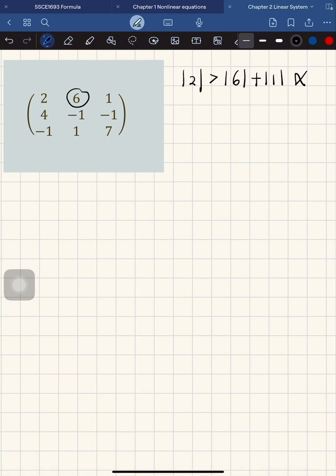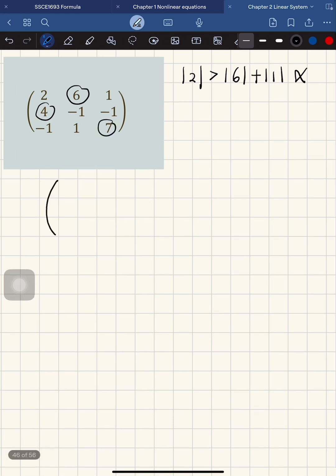So when you rearrange for maximum, now we can change to 4, negative 1, negative 1, and 6 at the second column, so I put it at the second row, and 7 is maximum at the third column, so I put it at the third row.